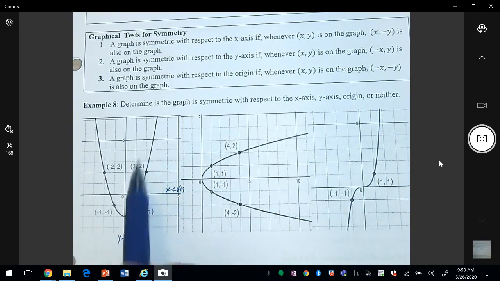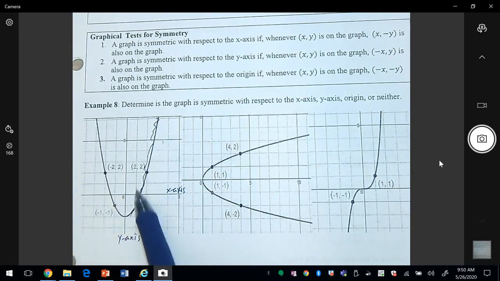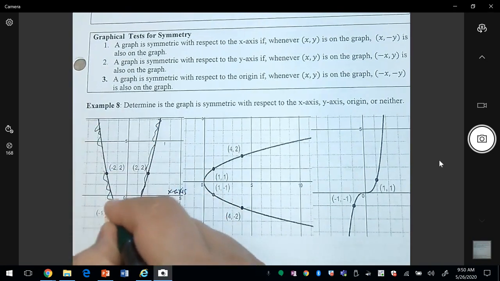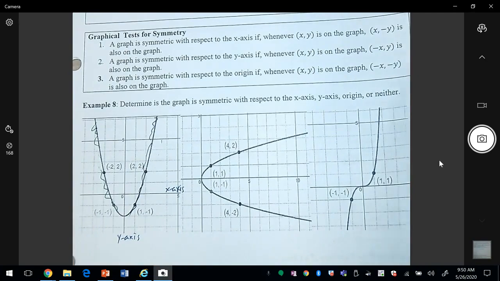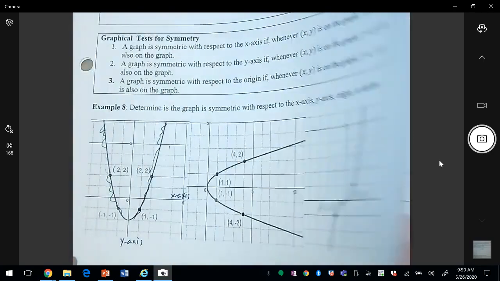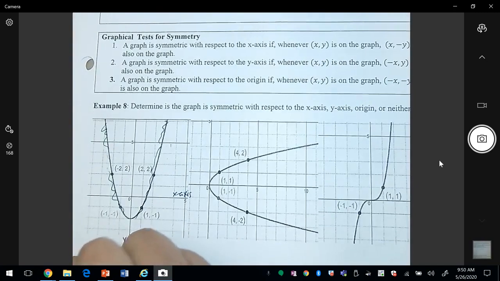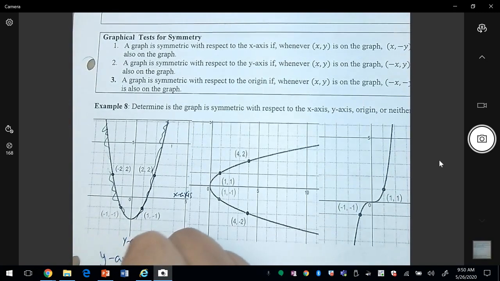And so notice that if I fold this graph on the y-axis, then this part of the graph would land on top of this one. So basically for the y-axis, we would be folding our paper the long way this way. Okay. So this graph does have y-axis symmetry.